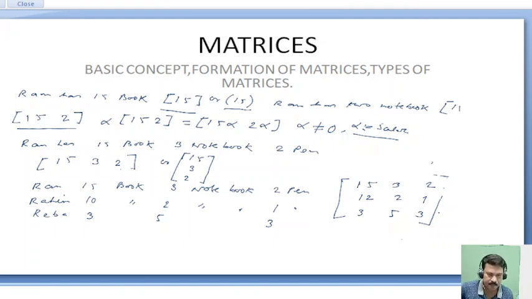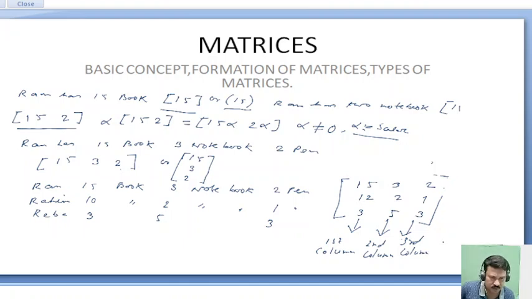Here these are the first column, these are the second column, and these are the third column.